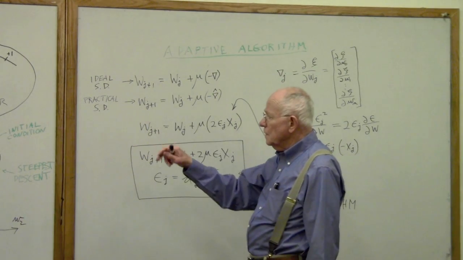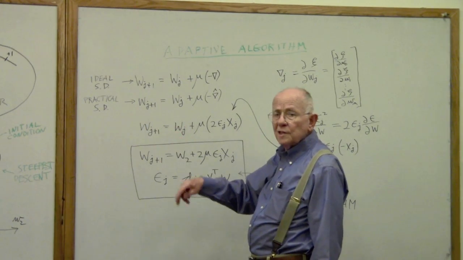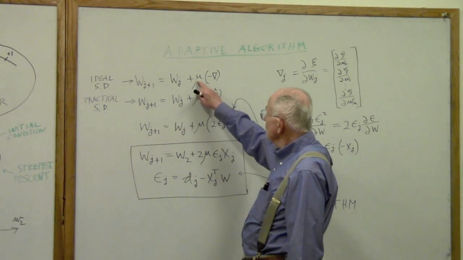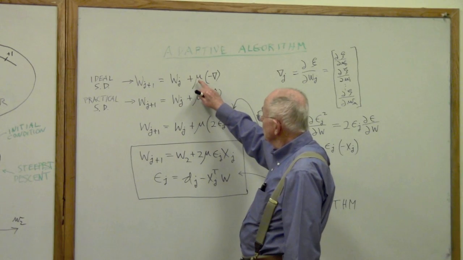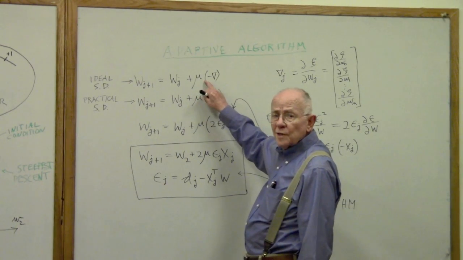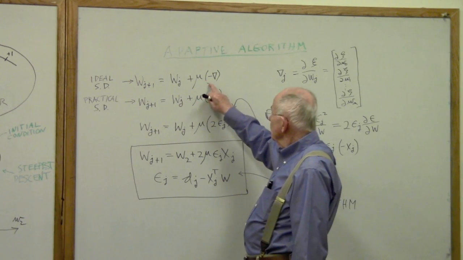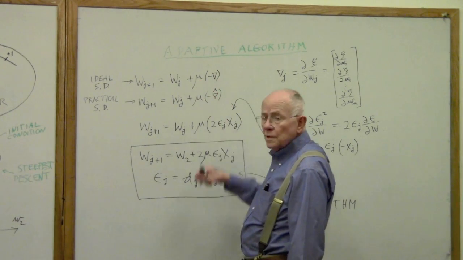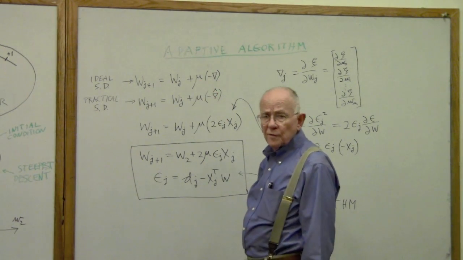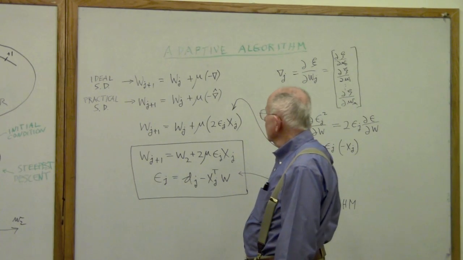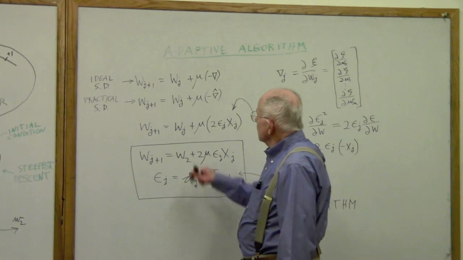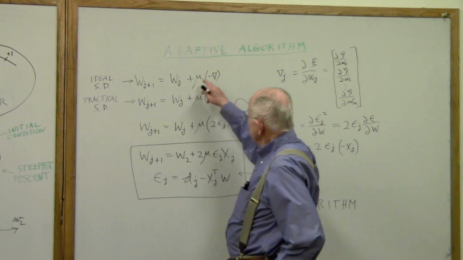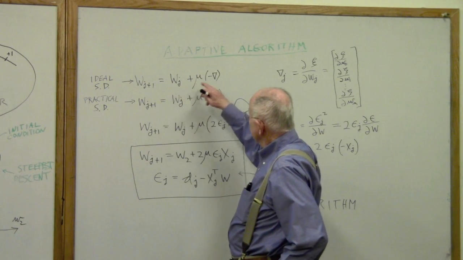So every time you adapt, you go higher and higher, and again, it'll blow up. So mu has to be confined to be greater than 0 and less than some positive constant. But you, as an algorithm designer, get to choose mu, which controls the speed of convergence. This is just plain steepest descent.